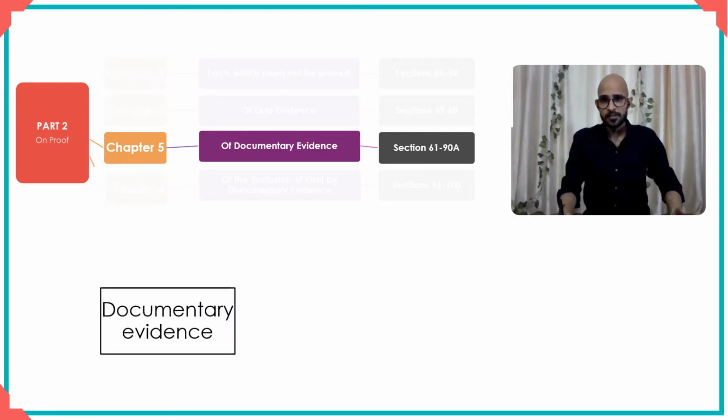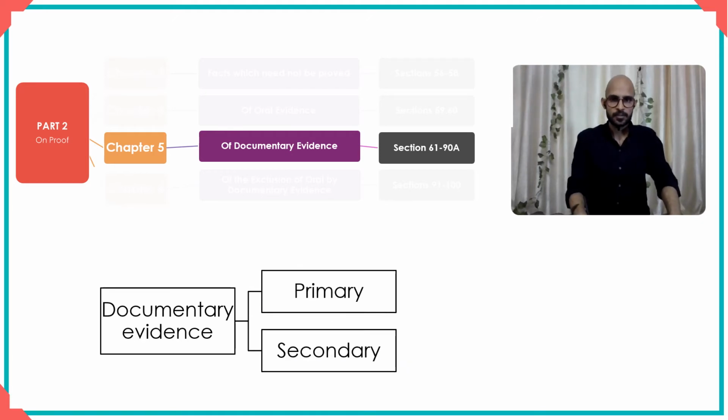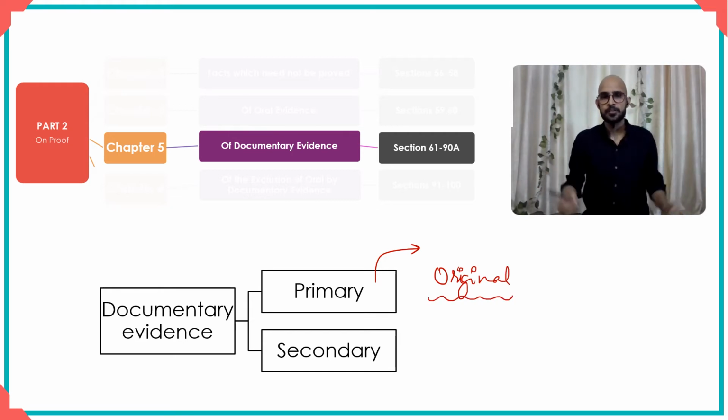The first amongst these, and perhaps the most important, primary and secondary evidence. You definitely have heard these terms. Primary evidence is basically the document itself, which means the original document. Fairly simple. What is secondary? Secondary evidence is a copy. What kind of copy? Well, it could be a handwritten copy.